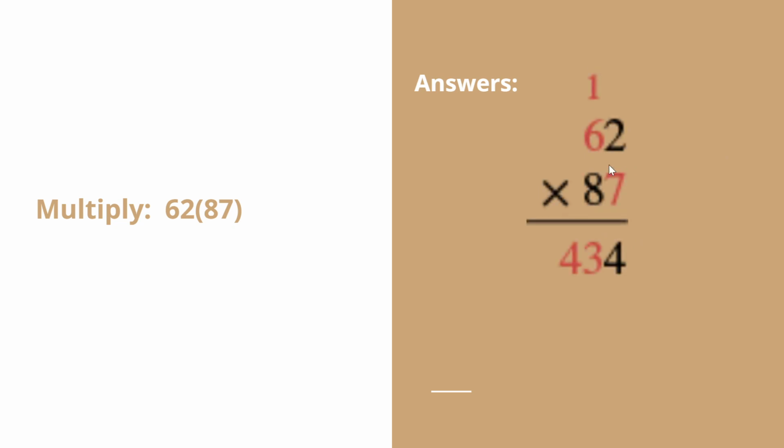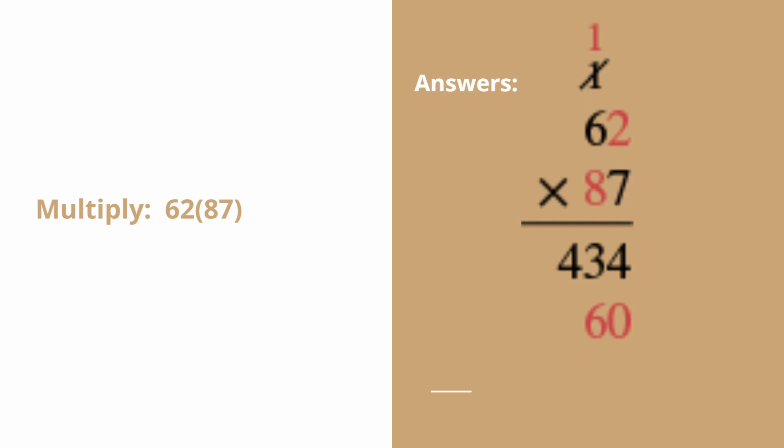I think time's up. So for the answer, we multiply first. 2 times 7 is 14, so 4 in the bottom, 1 in the top. And then 6 times 7 equals 42, so we add 1 and it equals 43.